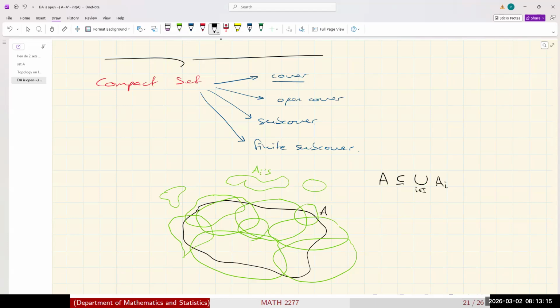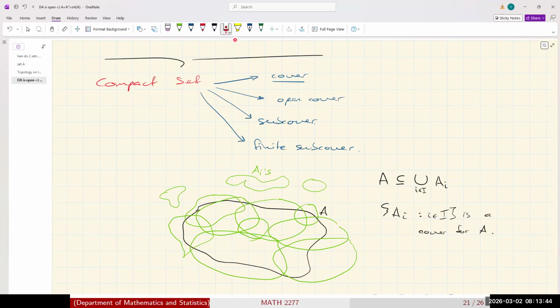In this case, we would say that the collection of the A_i is a cover for A. So a cover for a set is just a collection of sets such that A is somewhere in that union.